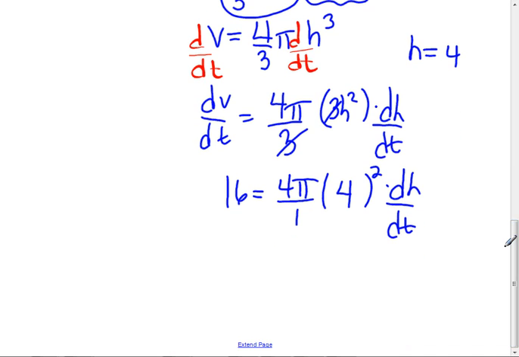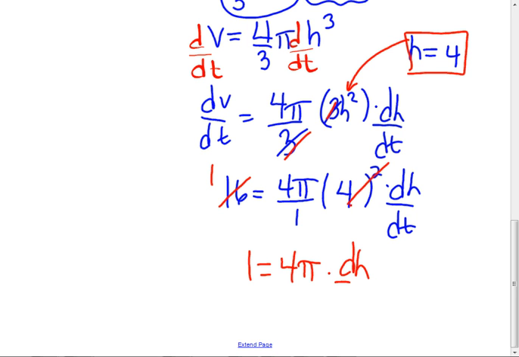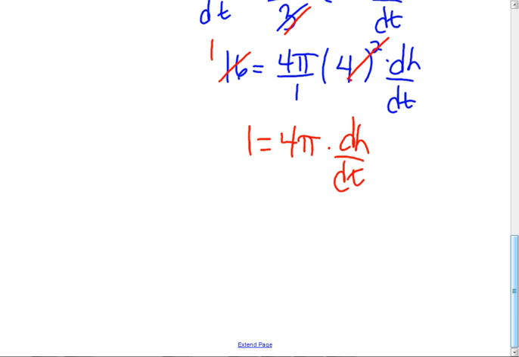But you know what 4 squared is? It's 16. All I did was cross out the 3's and put in the 4. H is 4. It tells me that in the problem. So I substitute that in. And what's going to happen when I divide by 16? That'll cancel, give me 1. So 1 equals 4 pi times dH/dt. So what's dH/dt? 1 over 4 pi, which by coincidence happens to be the answer from yesterday's problem.